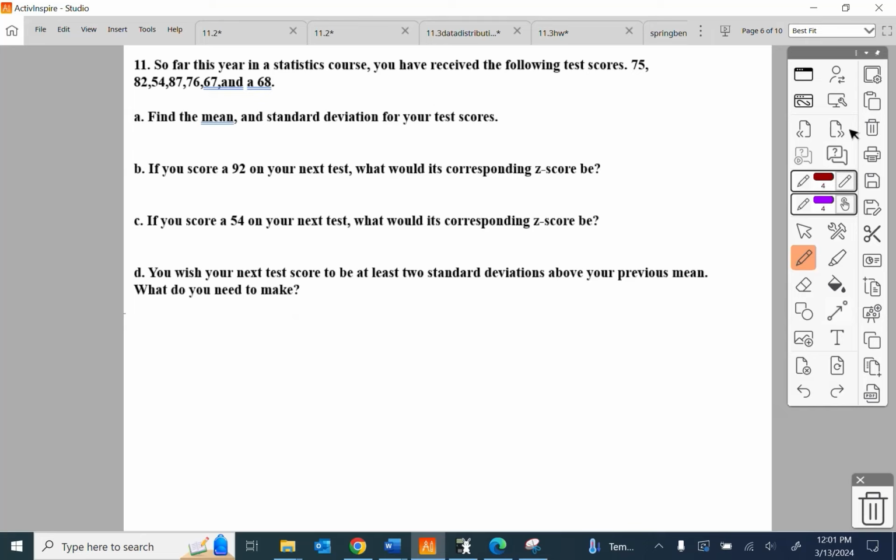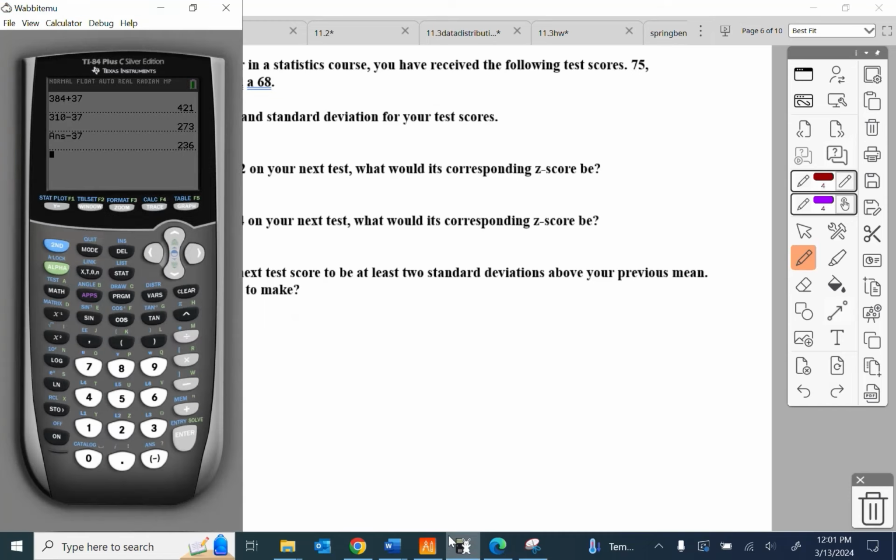So far this year in a statistics course, you have received the following test scores: 75, 82, 54, 87, 76, 67, and a 68. Find the mean and standard deviation for your test scores. We're going to do that in a calculator. So that was go to Stat, go to Edit.